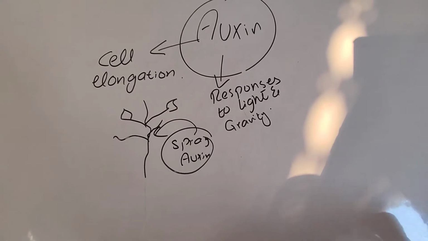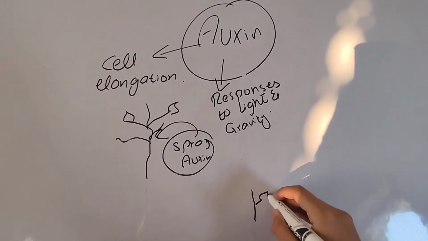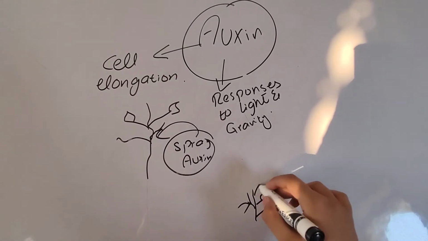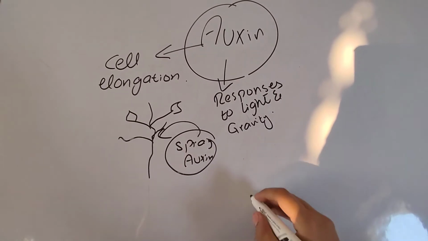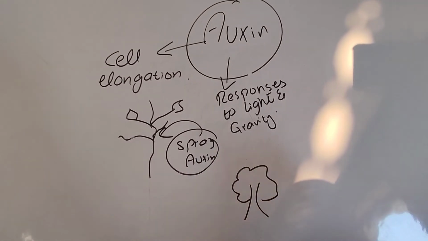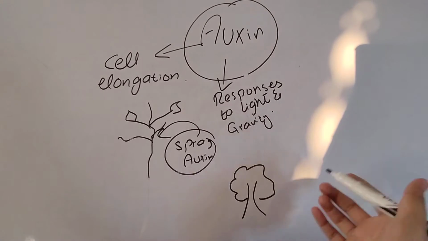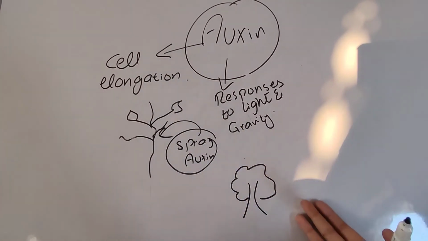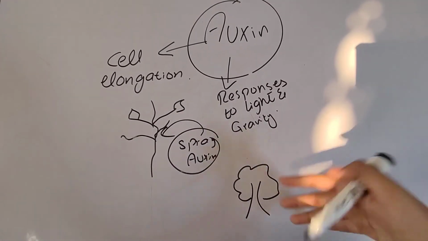If this is the plant, I am just making a rough plant, and if it has auxin, all plants always have auxin, but this is a natural auxin. So what does it do?